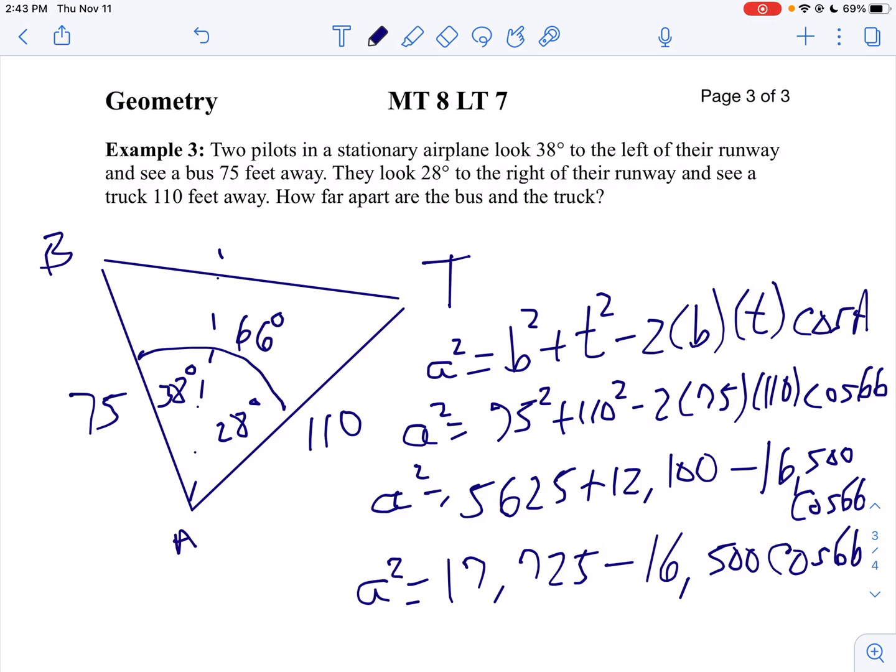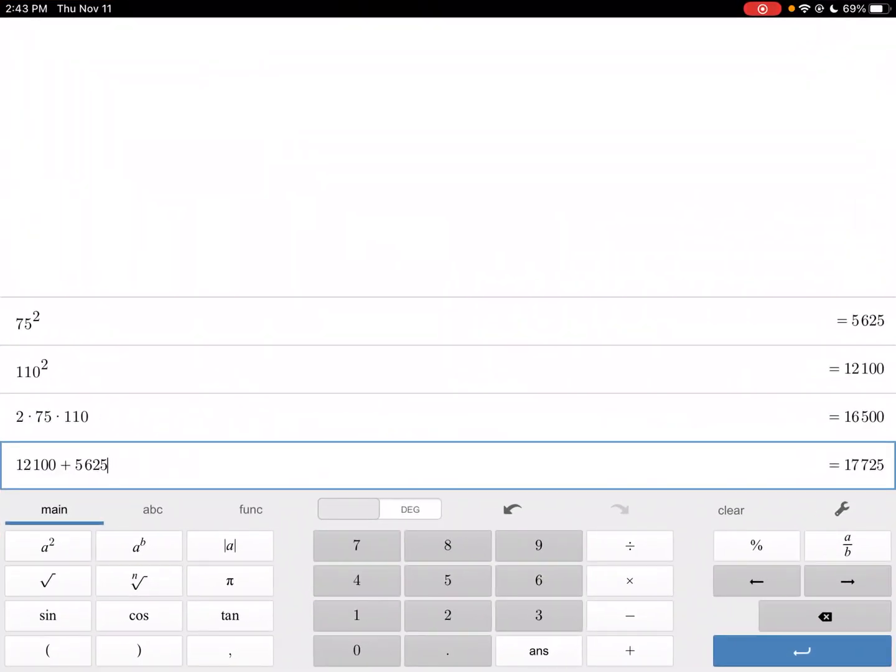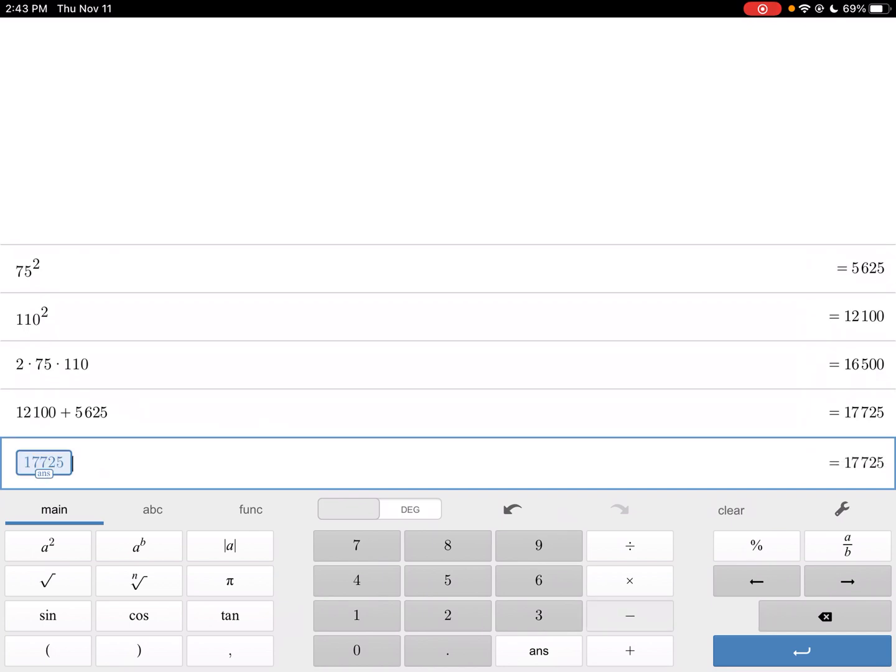Now, I'm just going to use my calculator. So I'm going to take my answer, which is 17,725. I'm going to subtract 16,500. Whoops, sorry about that. 16,500 times the cosine of my angle, was that 66?